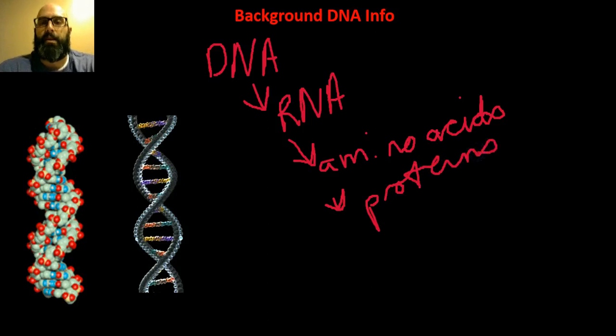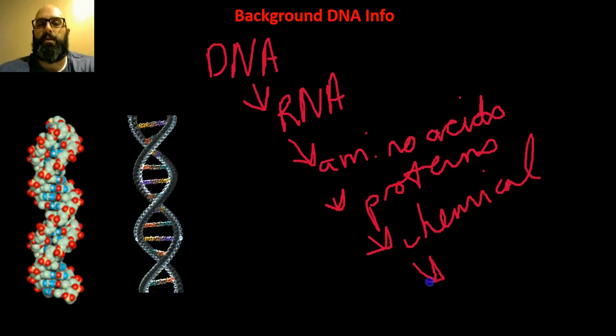Proteins are the most abundant and diverse compound in the entire human body, largely because they're used in chemical reactions to determine all of our traits. A trait is a characteristic. You need to understand, however, that traits are not just your physical characteristics.